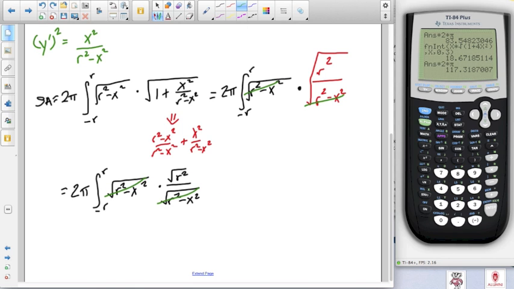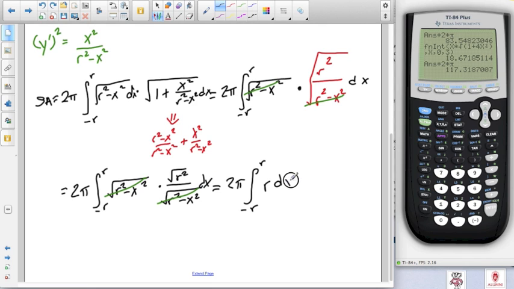So really what we're left with is integrating 2 pi from minus r to positive r. And the only thing left here is r. And of course, this is all dx, right? This is all a dx problem. Shame on me for dropping that differential expression off the whole time here.